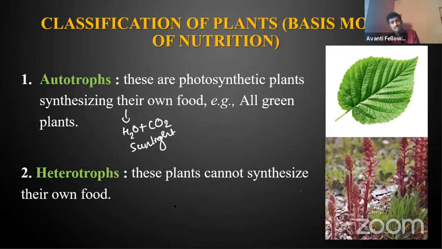That means they cannot synthesize their own food, so they are dependent upon other plants. As you can see here, leave this grass behind. Grass is an autotroph. I'm not talking about this grass. This plant, if you can see here, I'm not sure, but if you have a maize plantation, or almost throughout Karnataka and also in the Maharashtra and Andhra Pradesh region, if you go anywhere in shrubby forest, you can find these kinds of flowers coming out of the land.